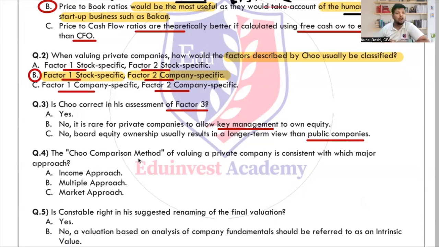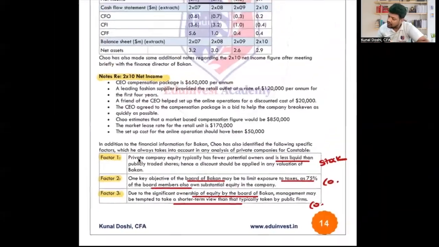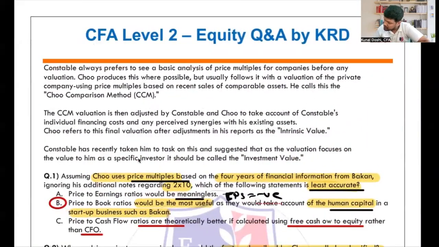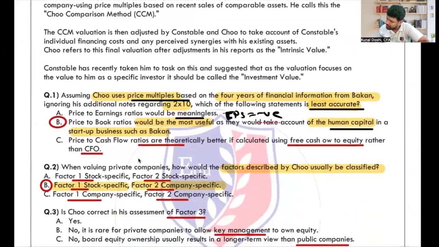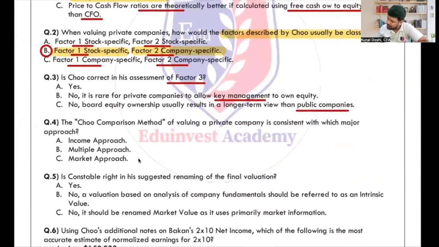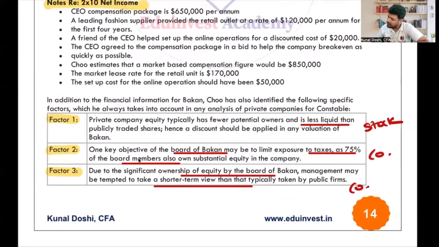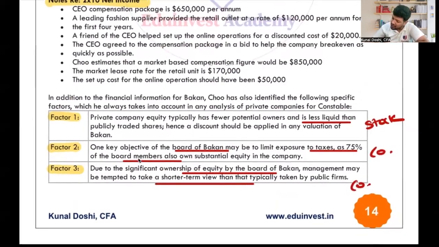So we are looking for which one is his correct assessment. Is factor three's assessment correct? Let us see. Factor three: due to significant ownership of equity by the board, which is common in private companies, Bakan management may be tempted to take a shorter term view.